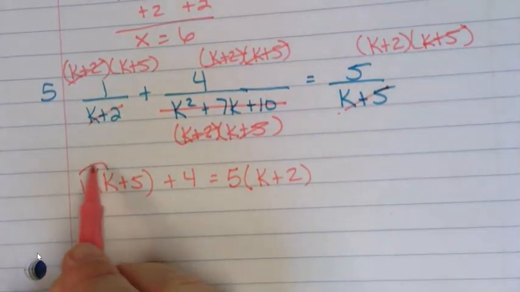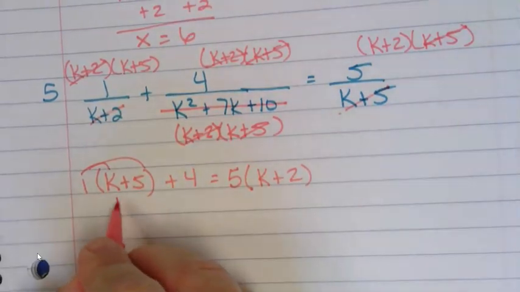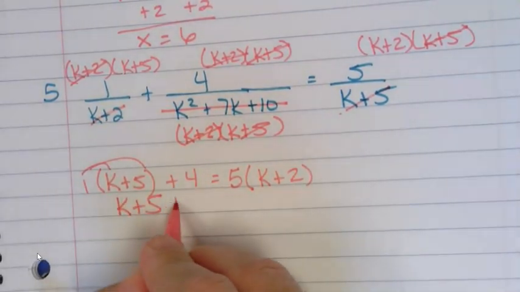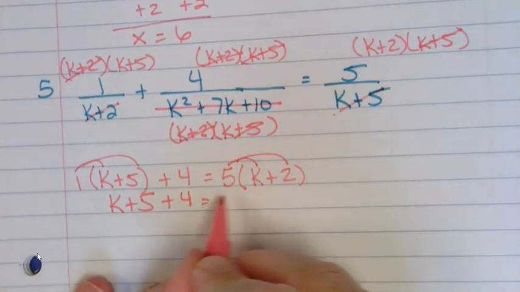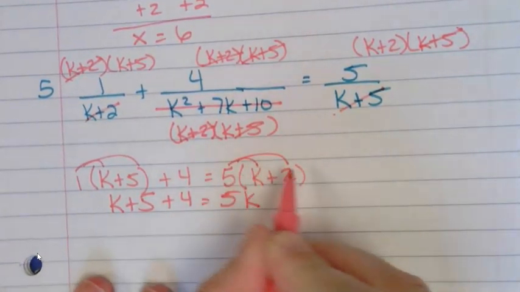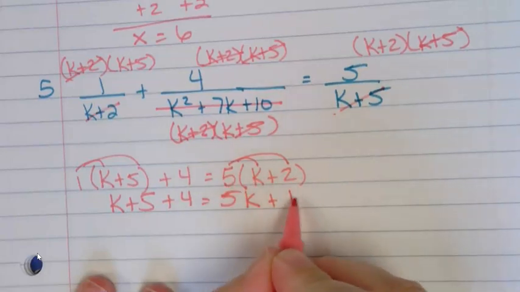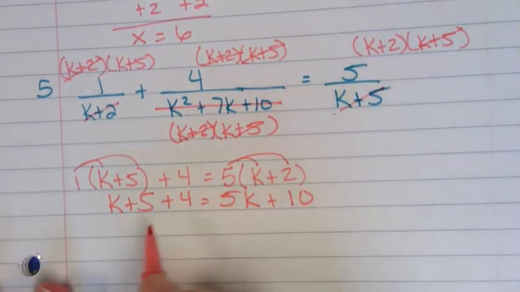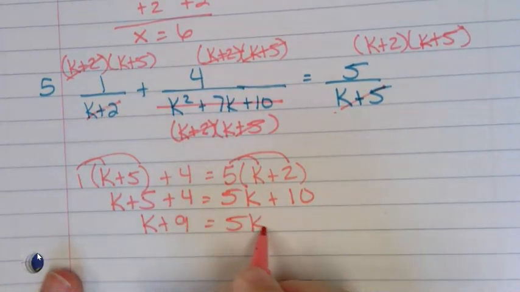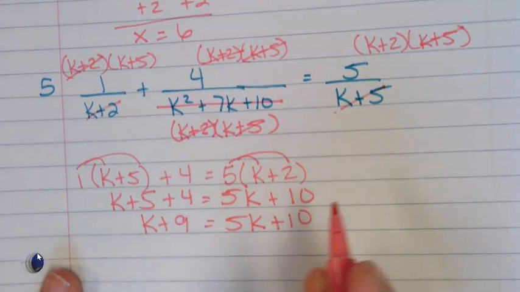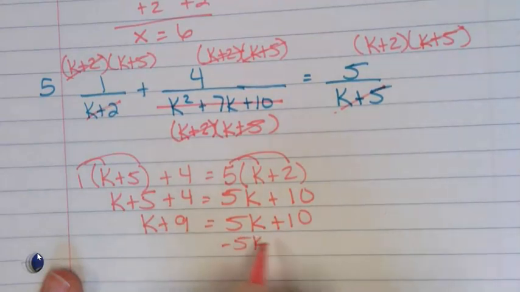So here you distribute and you're given k plus 5 plus 4. Here, be careful, equals 5k plus 5 times 2 is 10. 5k plus 10. I'm going to subtract 5k over.